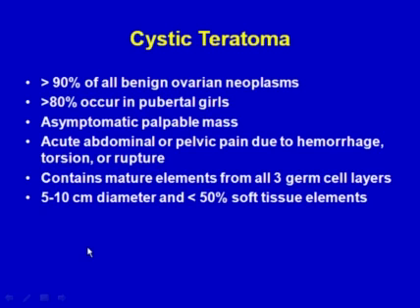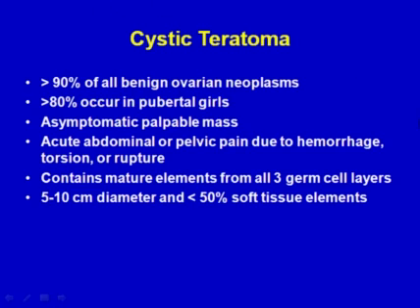I'm going to limit my remarks to a discussion of cystic teratoma, which comprises more than 90% of all the benign ovarian neoplasms in the pediatric population, with the vast majority occurring in the pubertal age group.